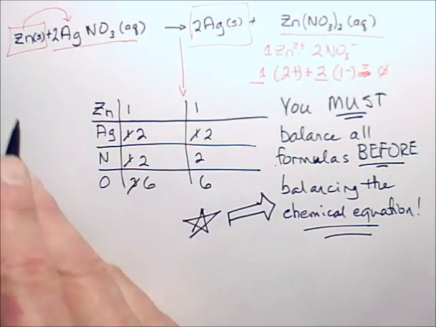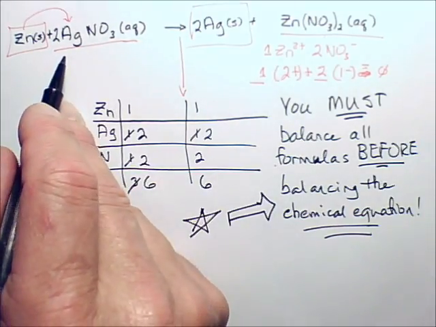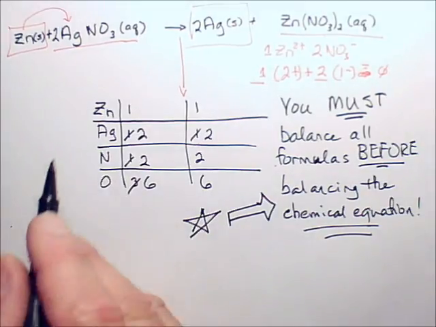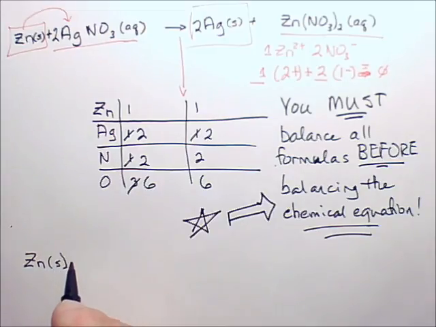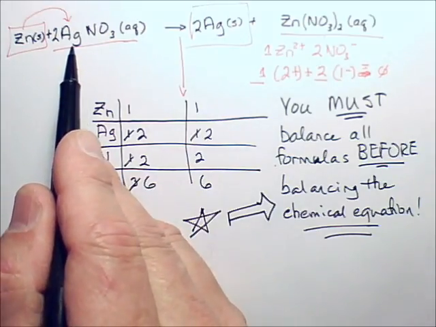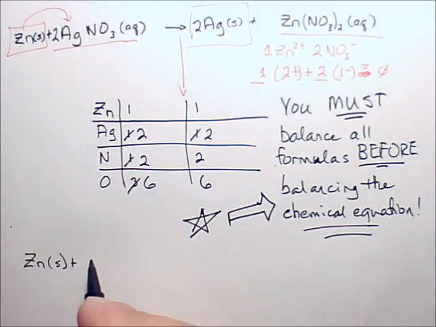So I'm not going to break up the zinc because it's not ionic and aqueous or acidic and aqueous. So I'll put zinc in just the way it is here. But I am going to break up the silver and the nitrate. So silver is going to be Ag, but I need to know what kind of charge to put on it. Where do I find the charge that goes on it? The oxidation number chart.